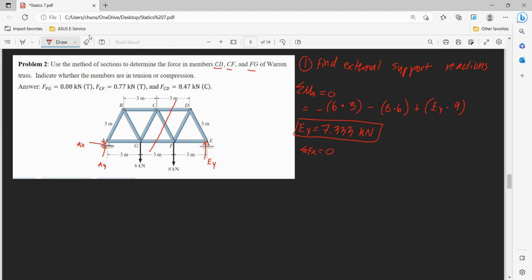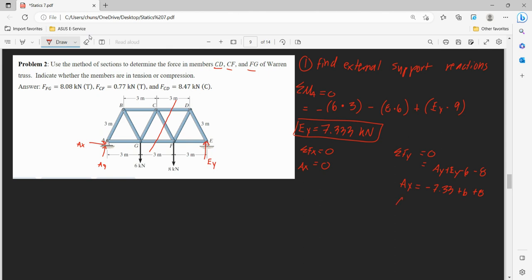For our X, we have only AX, so AX is equal to 0. And for the AY, we have AY plus EY minus 6 minus 8, and that gives AY is equal to -7.3 plus 6 plus 8.